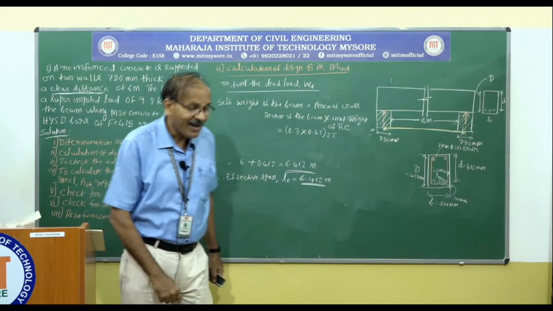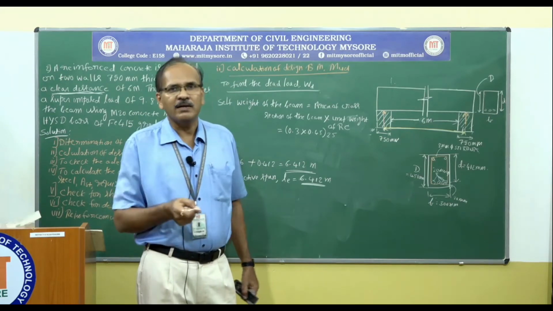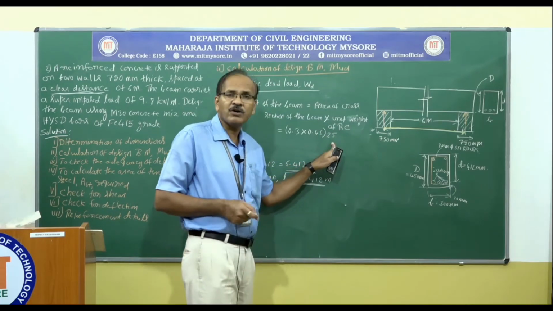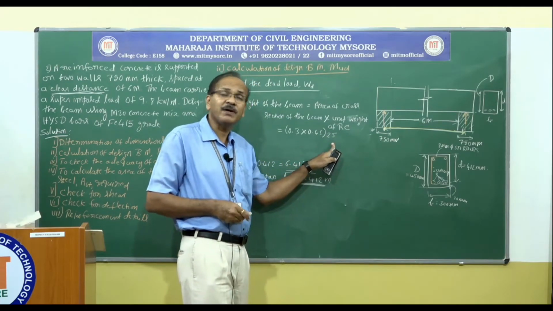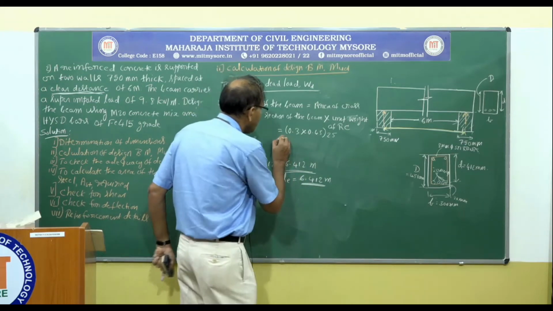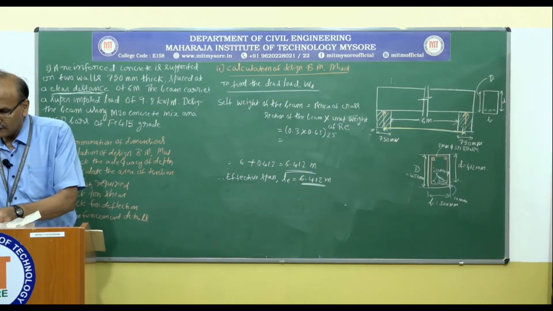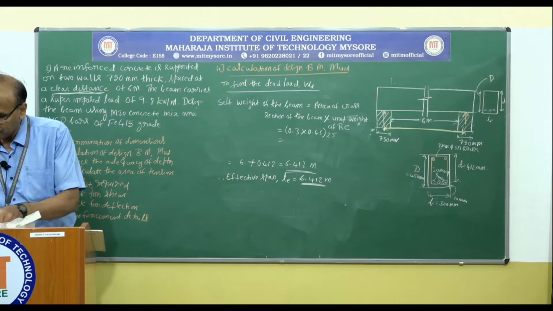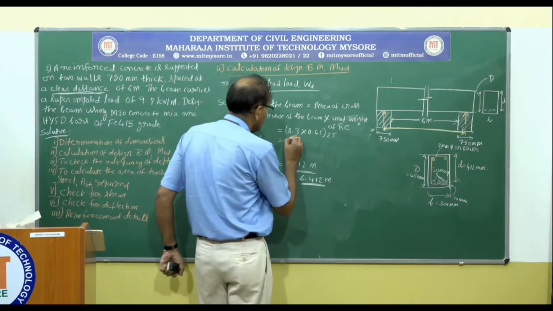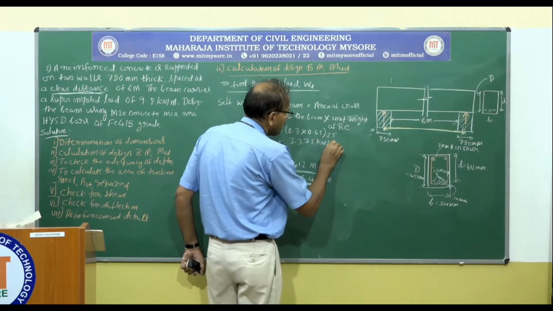If you refer IS 875 part 1, you are going to get the unit weight of reinforced concrete equal to 25 kilonewton per meter cube. Okay. So after simplification, you are going to get the value equal to 3.375 kilonewton per meter.